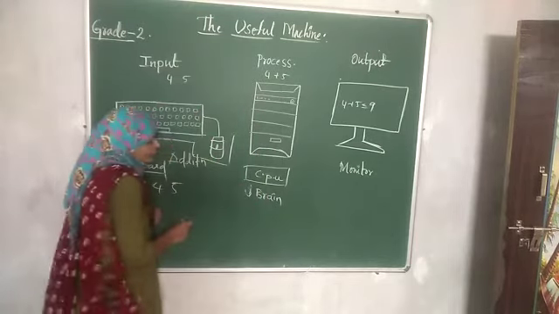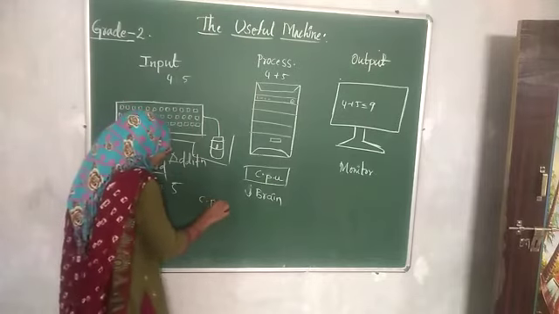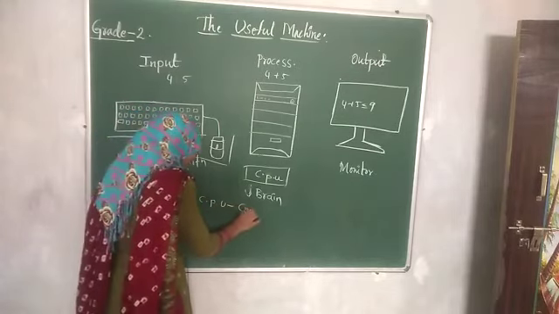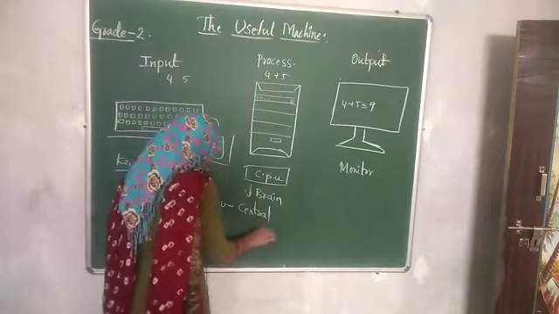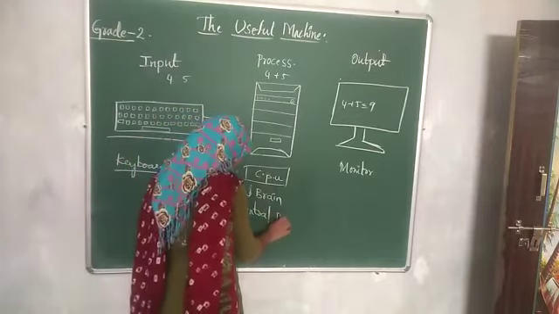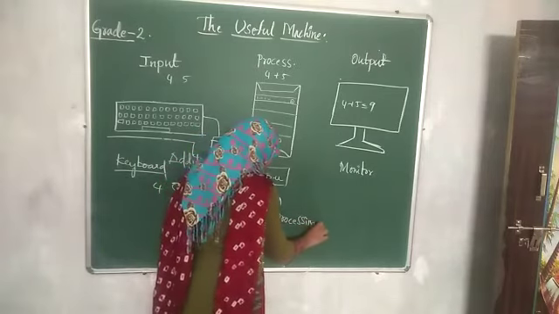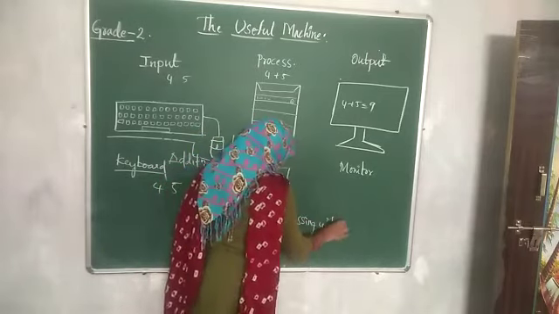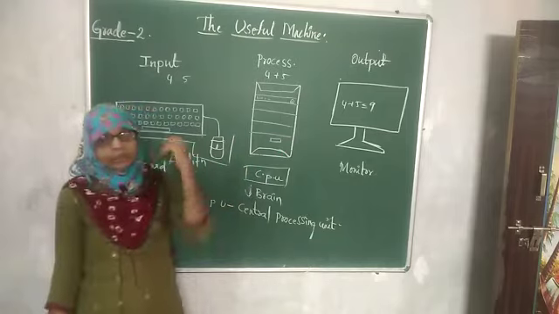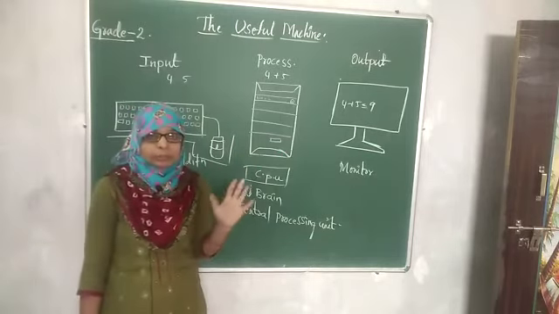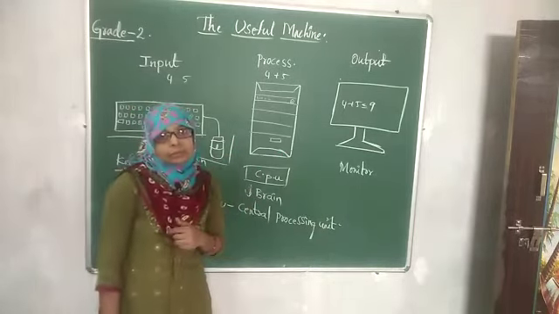What is the full form of CPU, children? CPU means Central Processing Unit. The CPU controls all the functions.